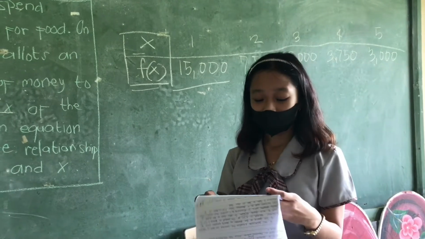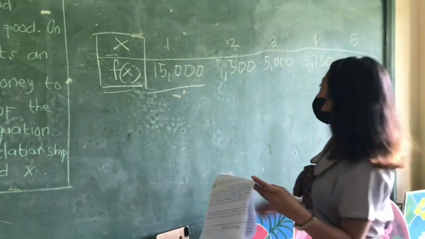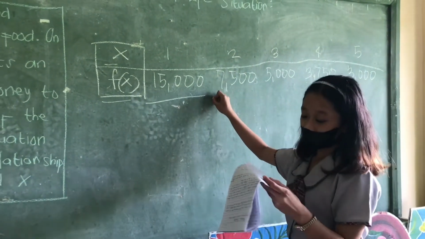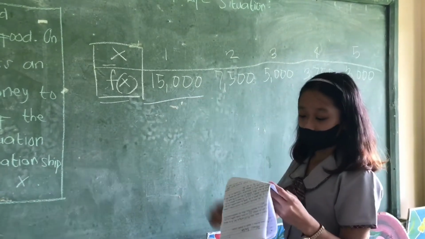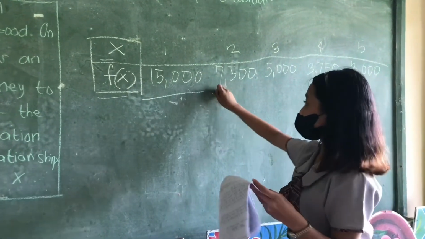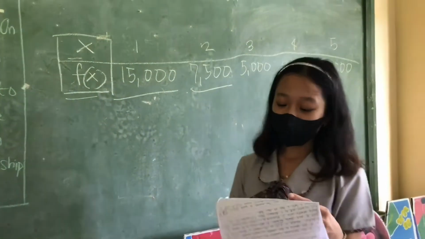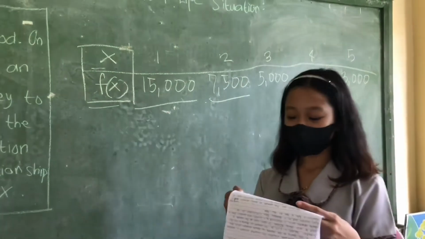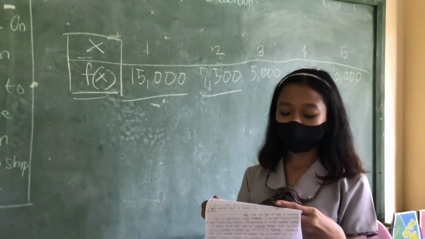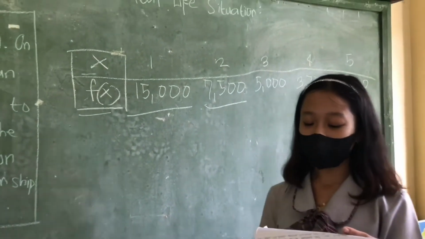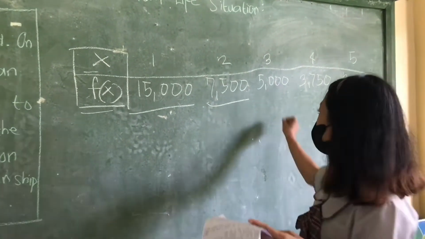While if there are two members, then 15,000 pesos will be shared by two, and each of them will receive 7,500 pesos.